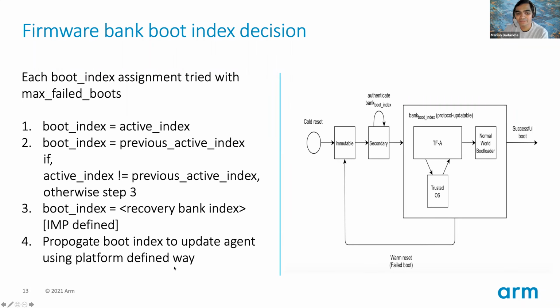It may be via some register, or via some memory which is accessible by both TF and the update agent. Then the update agent, once it gets the information that the active index and boot index are not equal, will update the active index with the boot index immediately, and the next reboot will happen properly with the active index.